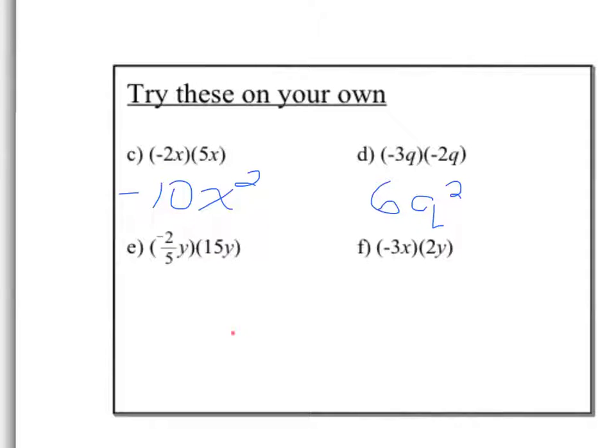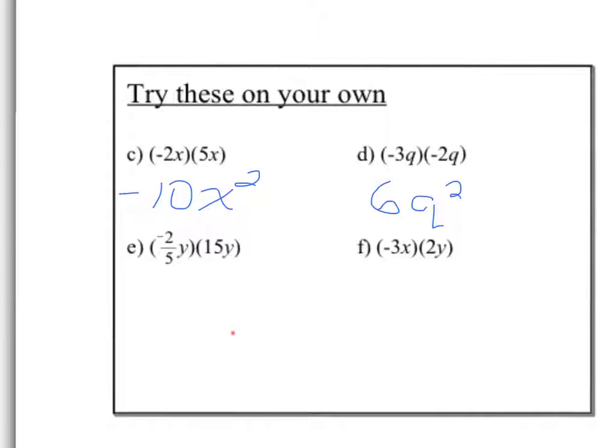For E, this is just a fraction. So it's negative 2/5 y times 15y. When you're solving these, you can switch to decimals. Just be careful. If it's a multiple choice question, your 4 multiple choice answers will be in fraction form. So I recommend keeping it in fractions.